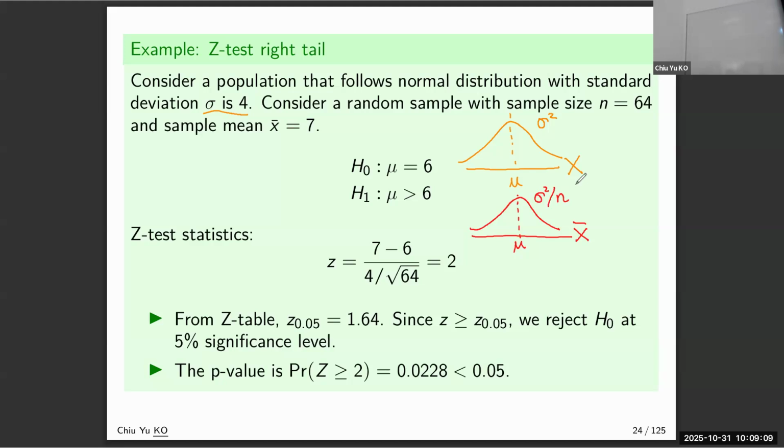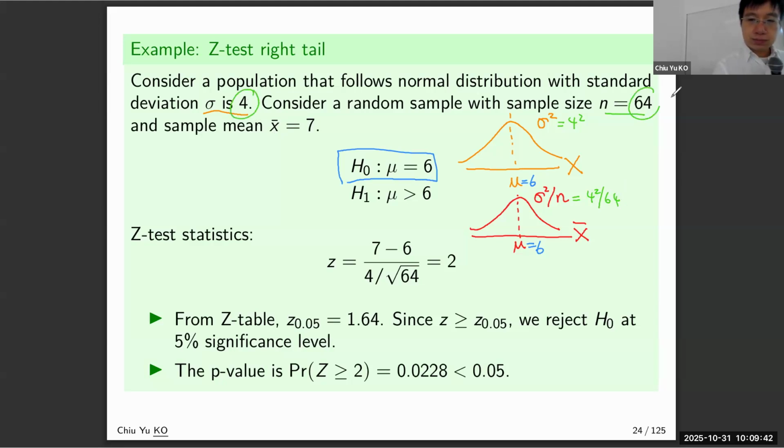And the idea is that now we are going to assume this is true. So now we know mu is equal to 6. And of course, the data tells us already sigma is 4 square, and this is 4 square over 64. This is coming from the data here.